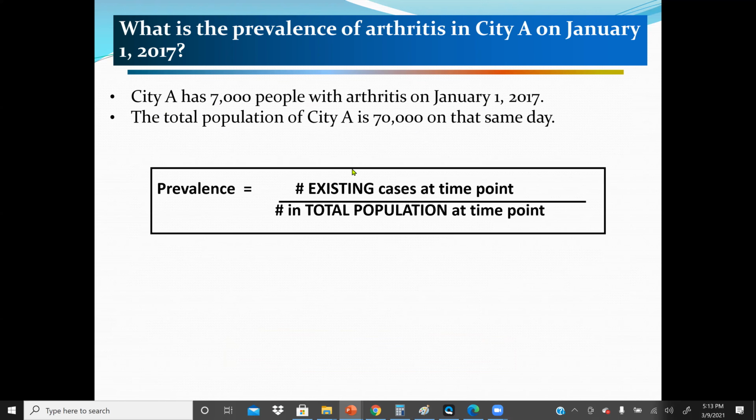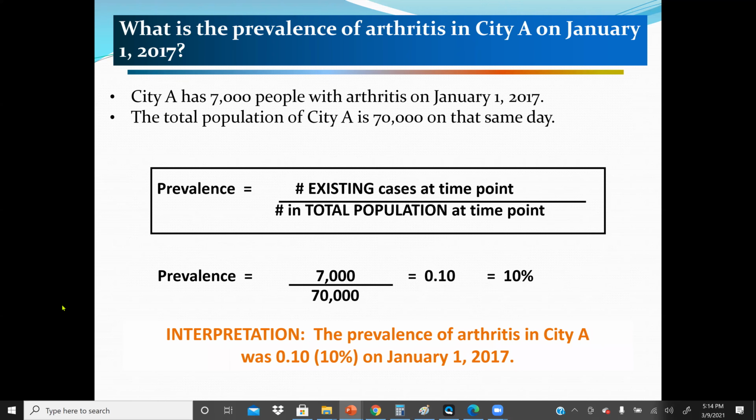So to find the prevalence, it will be the existing cases at that time period, 7,000, divided by the total population, which is 70,000. So the answer will be 0.10, which means 10% of the population have arthritis. So the interpretation is that the prevalence of arthritis in city A was 10% on January 1st, 2017.